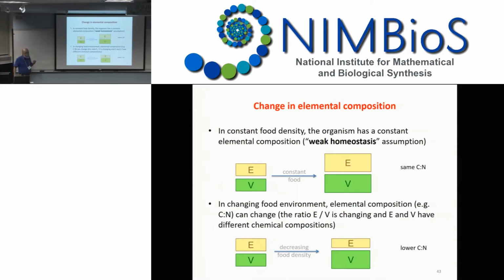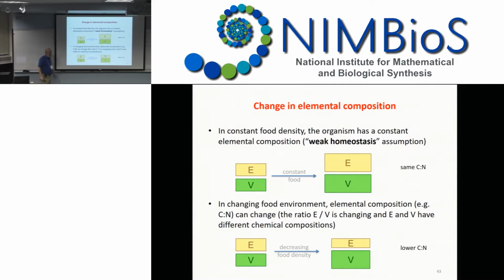DEB does allow us to have, in spite of the fact that the individual compartments have fixed stoichiometry, variations in stoichiometry within a compartment, provided the chemical formula for structure and the chemical formula for reserve are different one from another. Then if you change the ratio of reserve to structure, you can change the ratio.